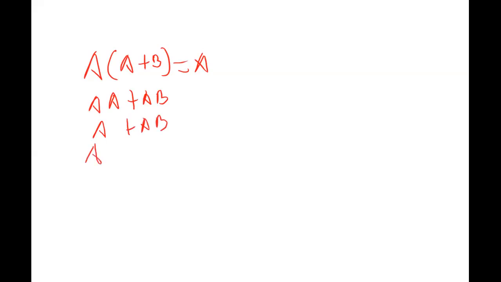Then I factor out A, and I get 1 or B. And that must be equal to A. I'm pretty sure we did this. So that's the law of absorption, right? I could get the book and show it to you, but I don't think my iPad will let me. That's actually a good question. Does the iPad let you do that? I don't know. So that's the law of absorption. Other questions for homework 2?